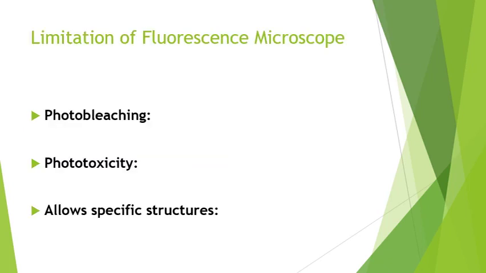So here we have some of the limitations of this microscopy. First we have photobleaching. Basically, photobleaching is a process or phenomenon when a fluorophore loses its fluorescence due to damage induced by light. This leads to loss of fluorescence and signal while imaging a sample. When light of appropriate wavelength is directed on a fluorophore, it transitions from the ground state to excited singlet and triplet states.